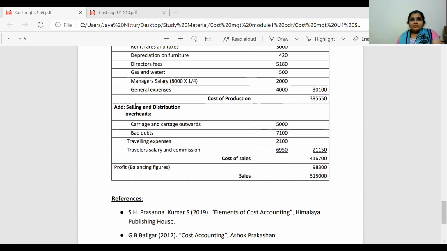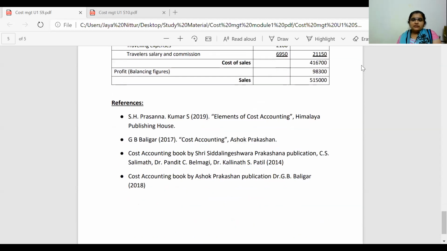Then we add selling and distribution overhead: carriage and cartage on outwards, bad debts, traveling expenses, traveler's salary and commission. We get the cost of sales of 4,16,700. Sales he has given is 5,15,000. The difference between cost of sales and sales is the profit of 98,300. These are some important references from where we choose problems or exercises.